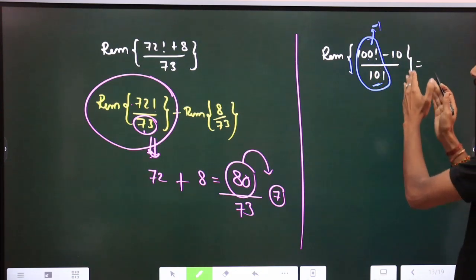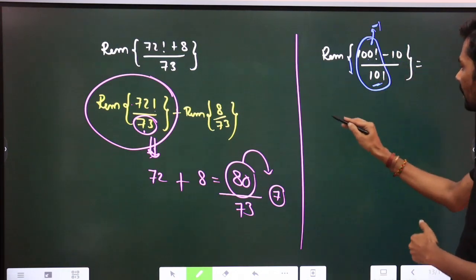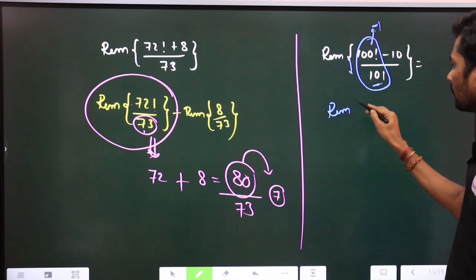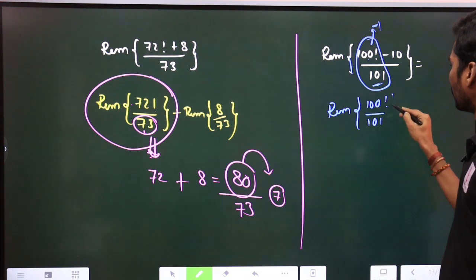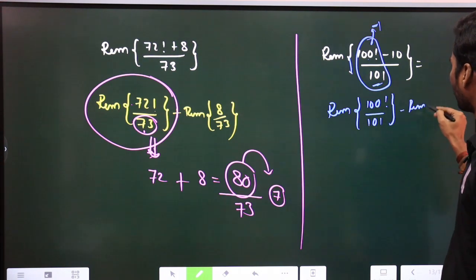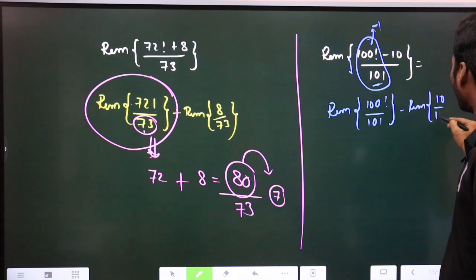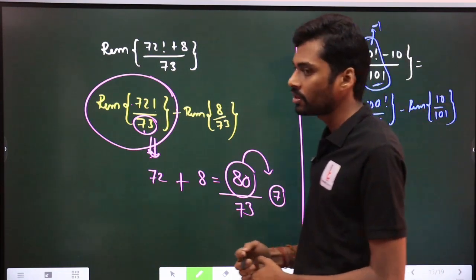I will write one more step so you clearly understand it: remainder of 100 factorial by 101 minus remainder of 10 by 101. This is how we split.